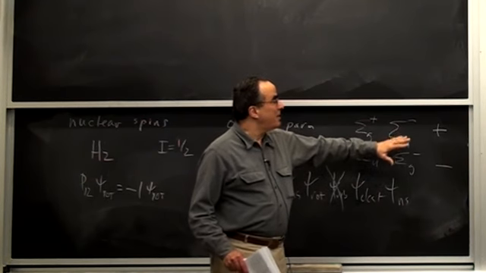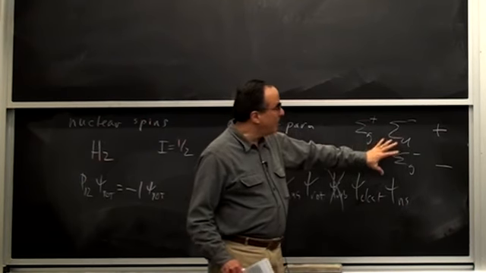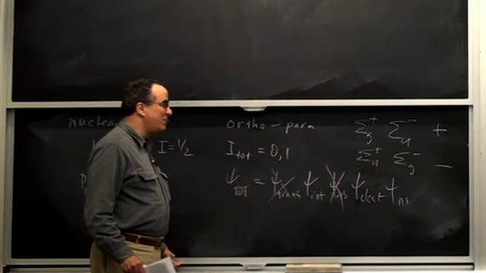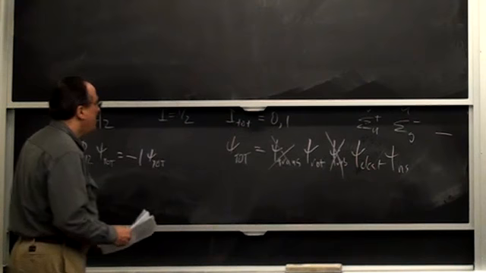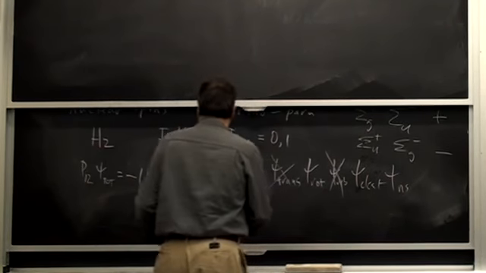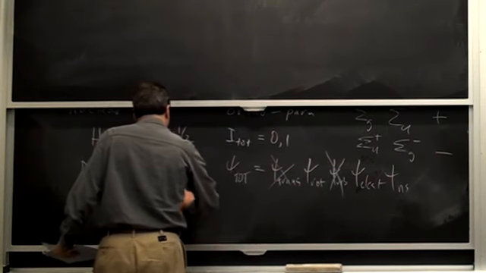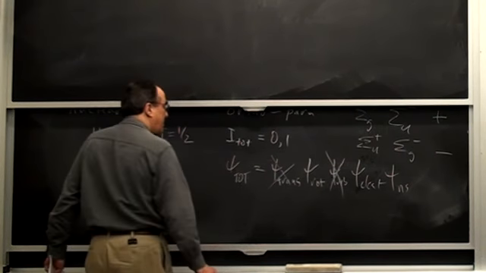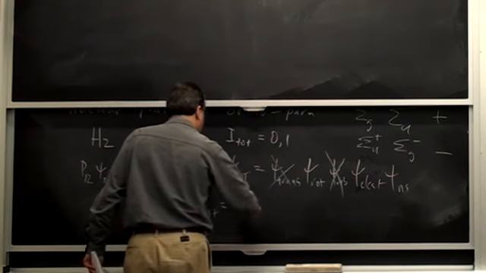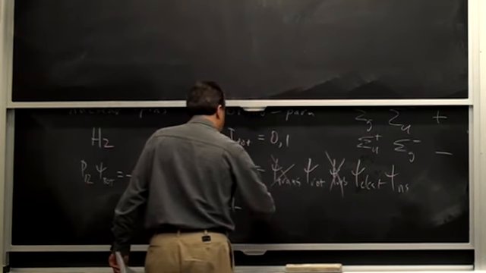And so this is something that you can remember, and whether that helps you for other situations remains to be seen. Okay, so now for diatomic molecules, the permutation symmetry for psi rotation is (-1)^J.